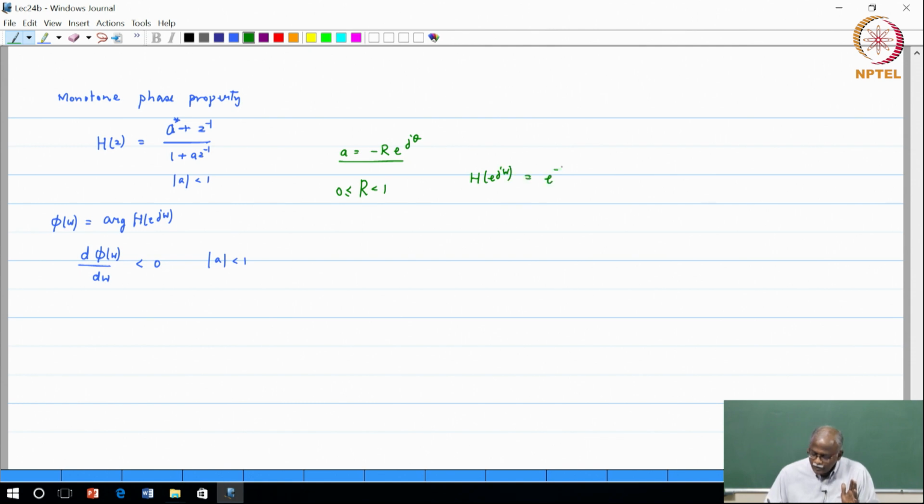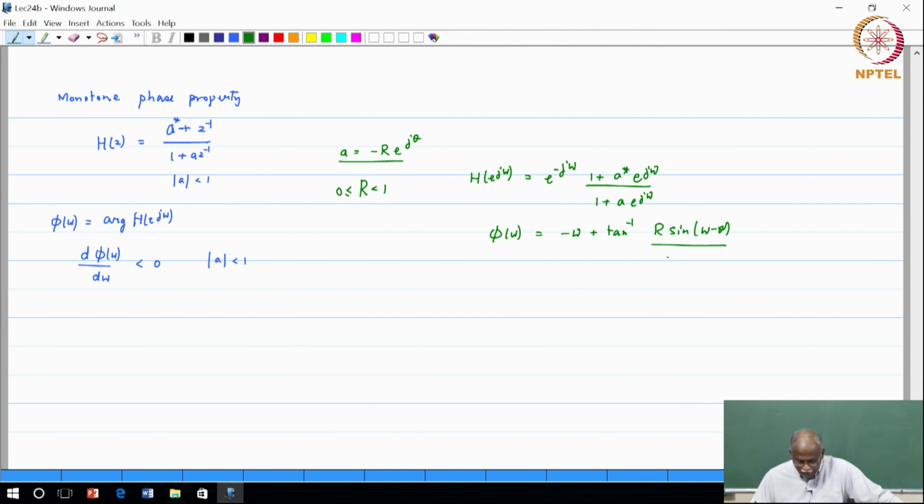Using this notation, you can write h of e to the j omega in the following way: e to the power minus j omega times (1 plus a star e to the j omega), where we use the paraconjugate notation, divided by (1 plus a e to the j omega). From this it is easy to show that phi of omega is equal to minus omega plus tan inverse of r times sin of (omega minus theta), divided by (r cosine of (omega minus theta) minus 1), writing a as r e to the j theta.